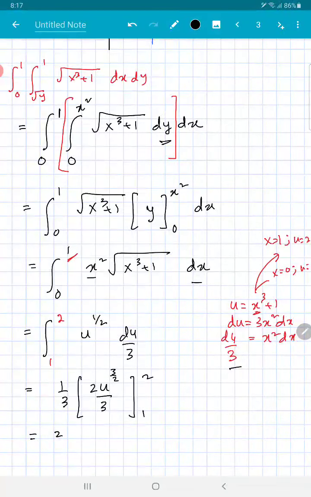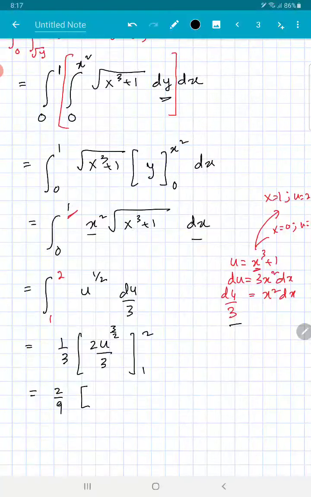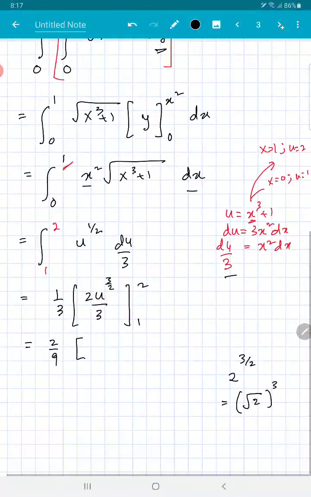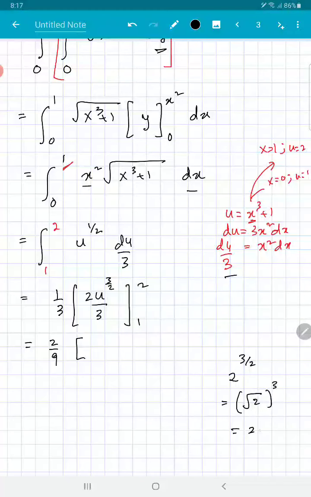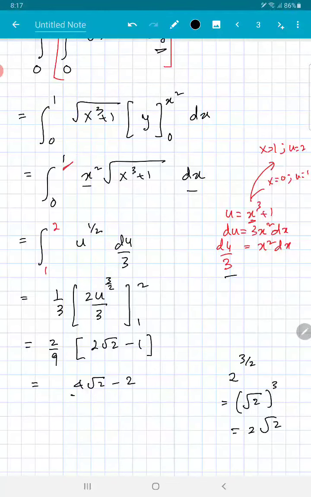So here we get 2 over 9. Replacing u with 2, we have 2 to the power of 3 over 2, which is 2 square root of 2. And minus, replacing u with 1, we get 1. Simplifying this, we get 4 square root of 2 minus 2 over 9.